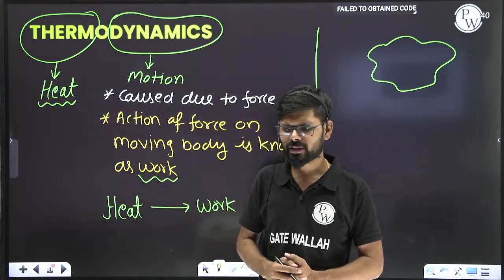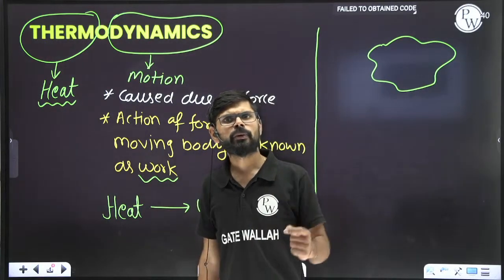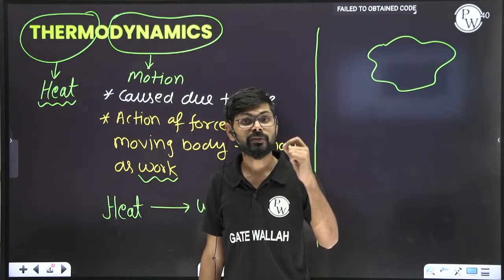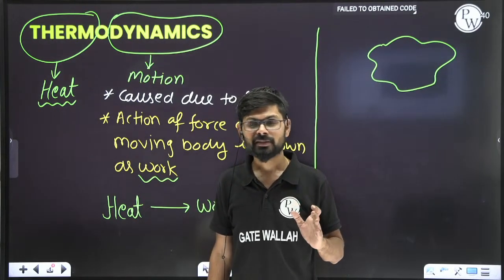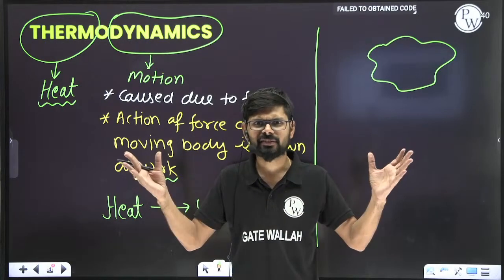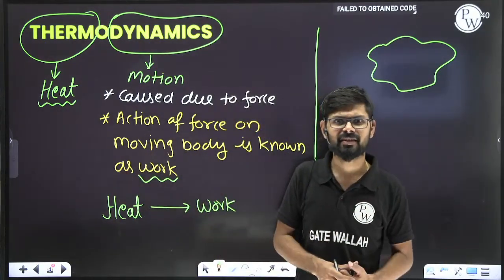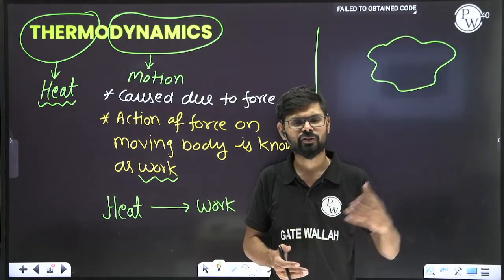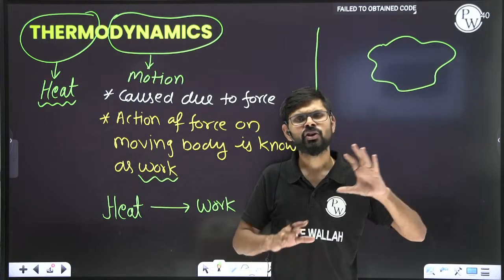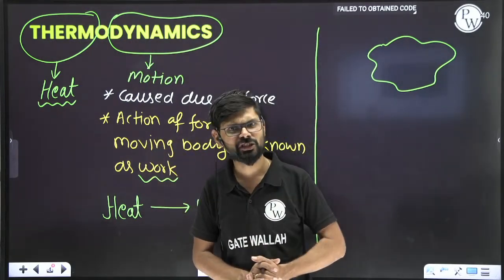I can tell you one thing here, that there is one property which distinguishes this subject from other sciences. See, there are a lot of sciences: thermodynamics, fluid mechanics, mechanics, solid mechanics, production technology, and electronics have their own techno sciences. There are thousands of branches of science basically.